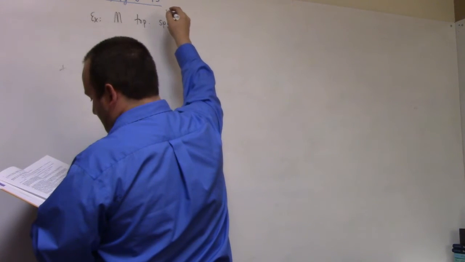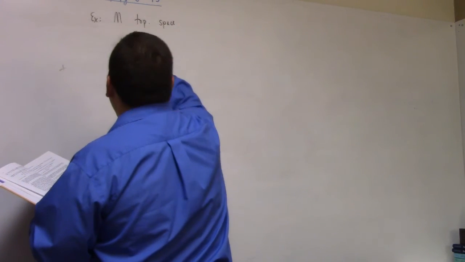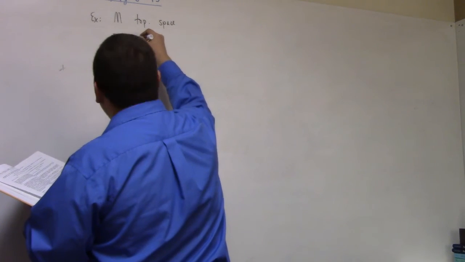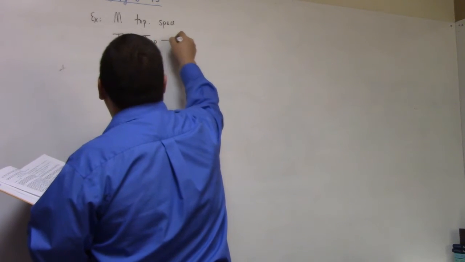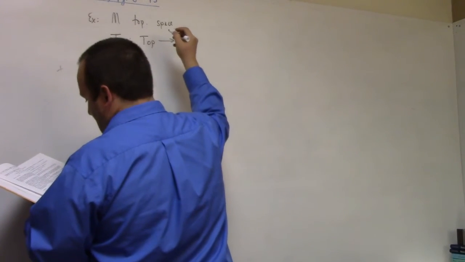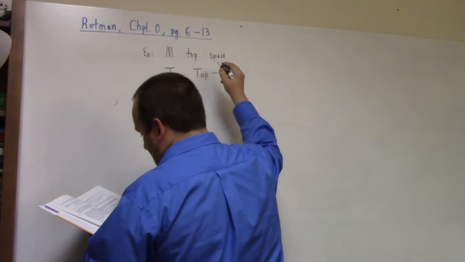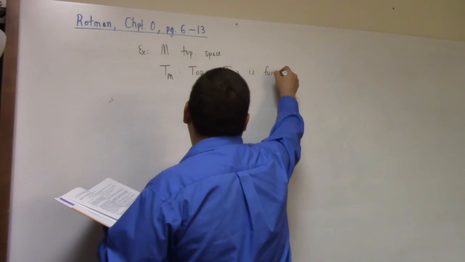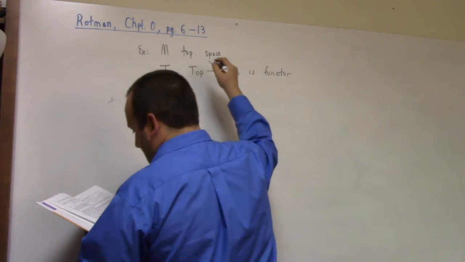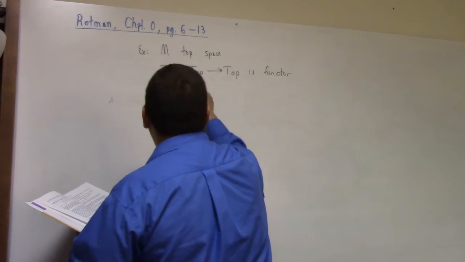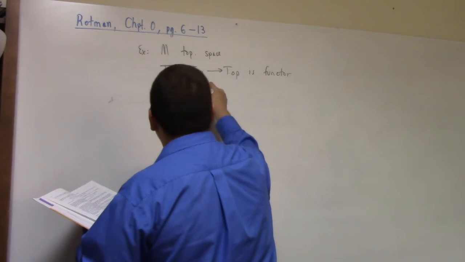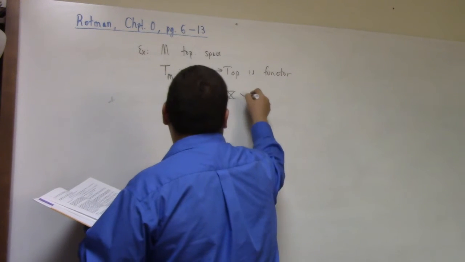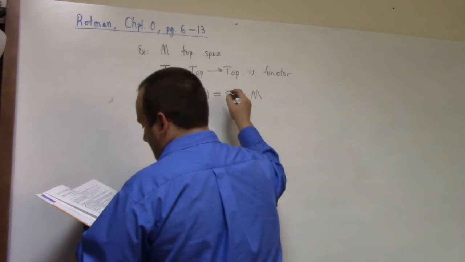M, a fixed topological space. He says T_M from Top to Top is a functor, where he's defining it as follows: T_M(X) is X cross M. This may also address that question, actually.